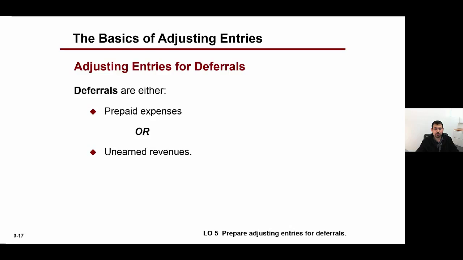Basically what you need to do in this case is recognize the part that was used during this month. Or let's say unearned revenues. This is where you get cash in advance for services that you will provide in the future, but you will start earning it as you start providing services, and we'll talk about each one of them in detail.